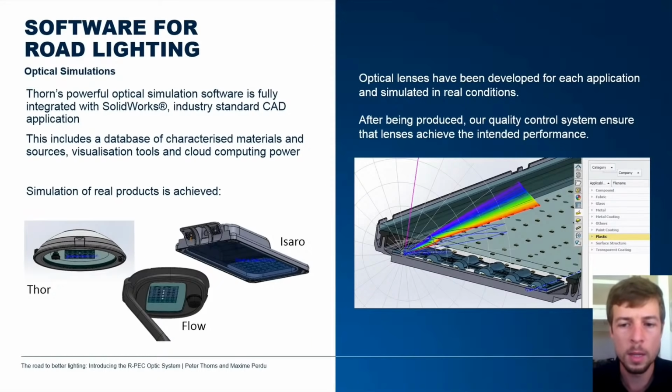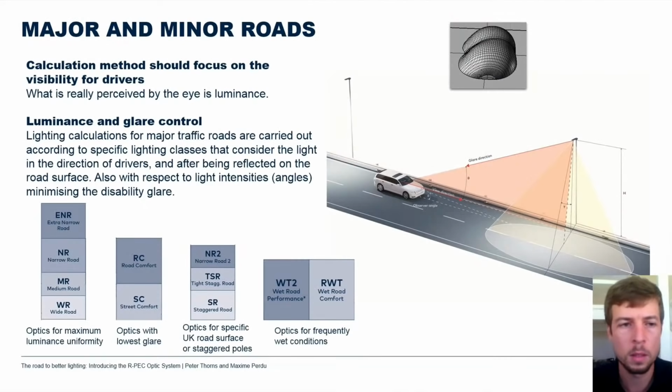So in the next slide, I will be showing the lens system we called R-PEC, which we produced in a way that can address the different applications previously mentioned by Daniel Pars in the previous talk. Our R-PEC system has been developed for many applications, and the first one would be major and minor roads.